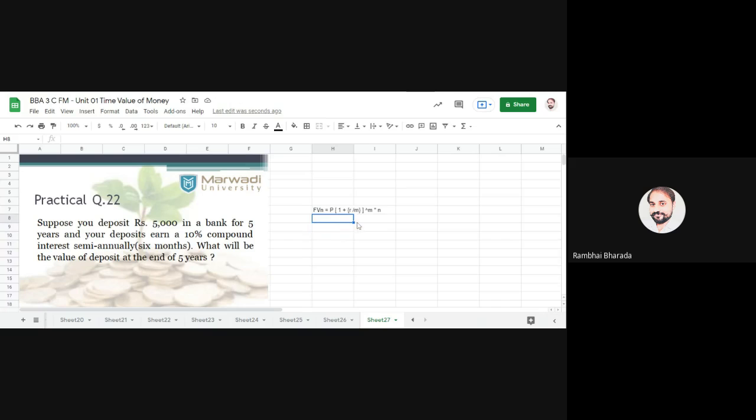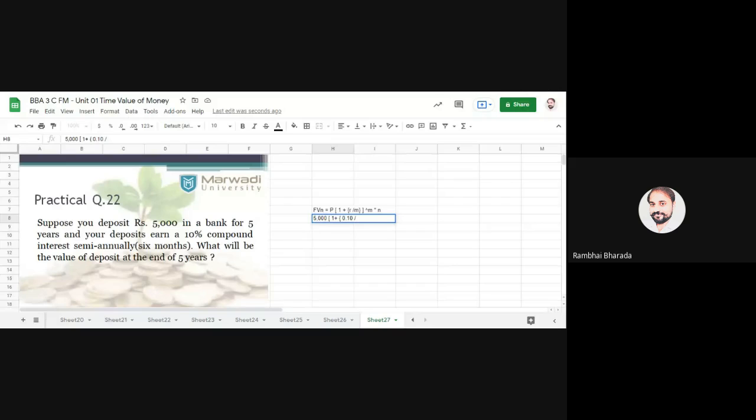Now put the values here. P means your principal amount, 5,000 rupees, in a bracket 1 plus, in a counter bracket R means rate of interest. Here 10% means 0.10 divided by number of months. Now see here, interest will be calculated semi-annually.